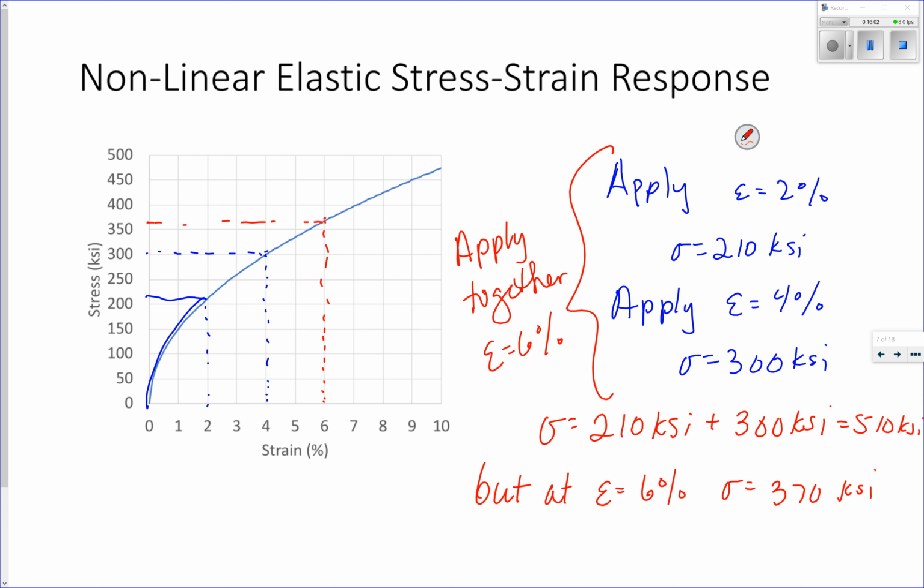So superposition is overestimating how much stress is actually felt by my material due to its nonlinear response. So you can't use superposition for a nonlinear elastic material.